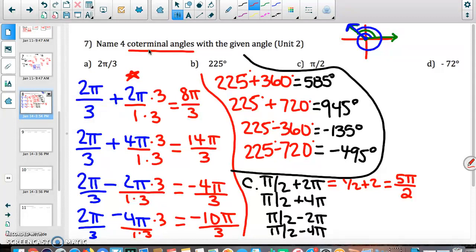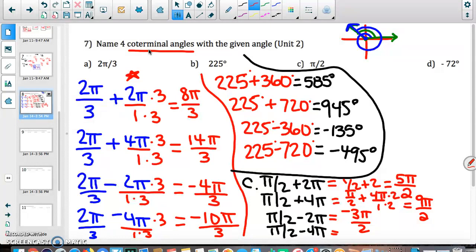This next one though, pi over 2, I'll do this the common denominator way. So this would be times 2 times 2, so that would be 8 plus 1. This is going to be 9 pi over 2. Pi over 2 minus 2 pi, that's going to be negative 3 pi over 2, right, 1/2 minus 2.